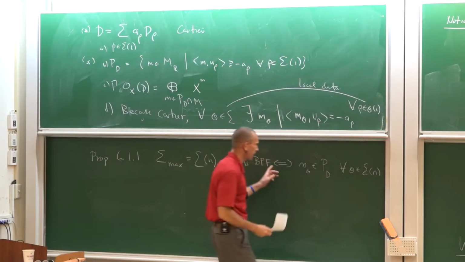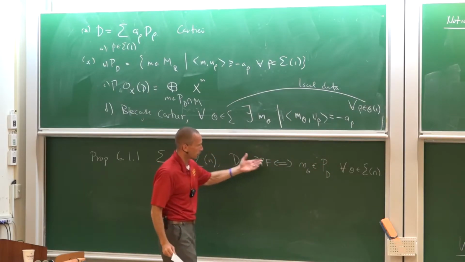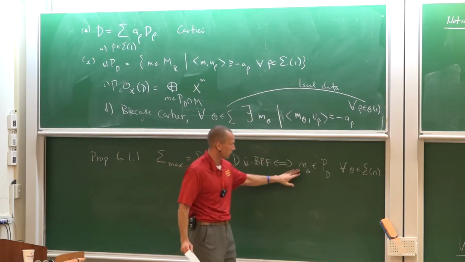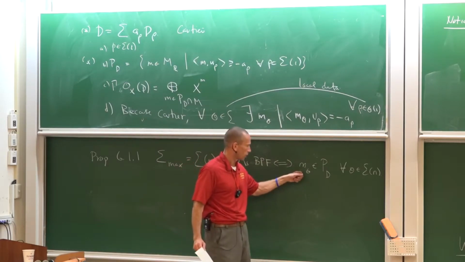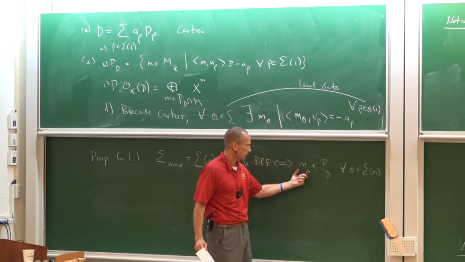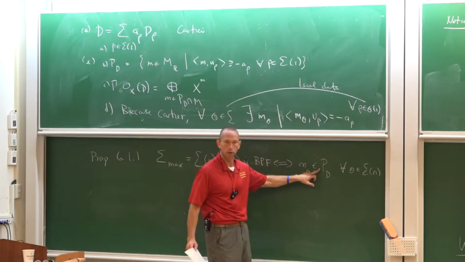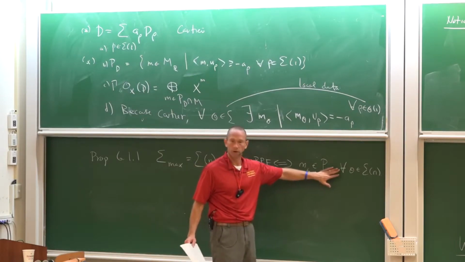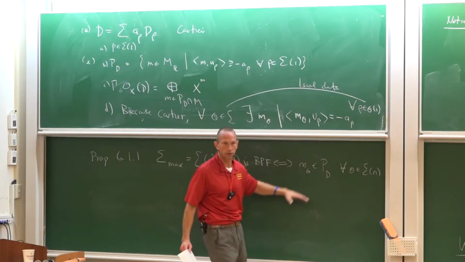Plain English: for every maximal cone, I get local data, right? It's a Cartier divisor. I have local data. That local data gives me a lattice point. That lattice point has to lie inside the polytope of the divisor for every maximal cone. It's a very nice, clean criterion.